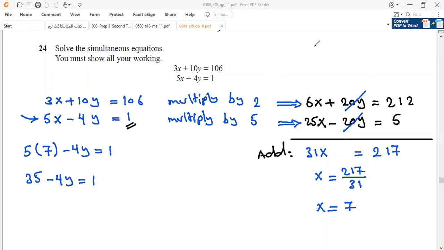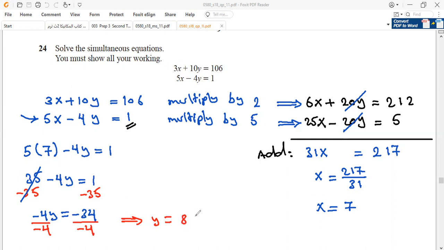We can subtract 35 from both sides. So here 35 will cancel with 35. Negative 4y equals 1 minus 35, which is negative 34. If we divide by negative 4, we will get y equals 17 over 2, which will be 8 and 1 over 2.